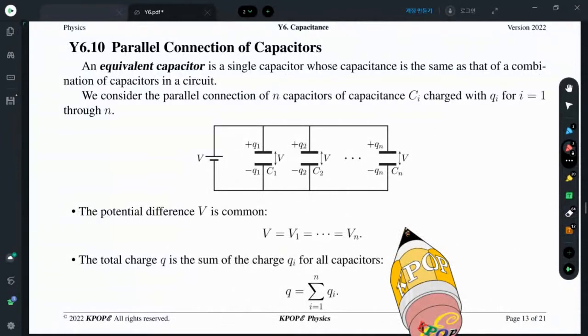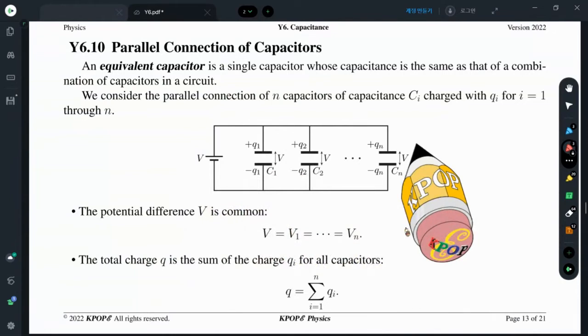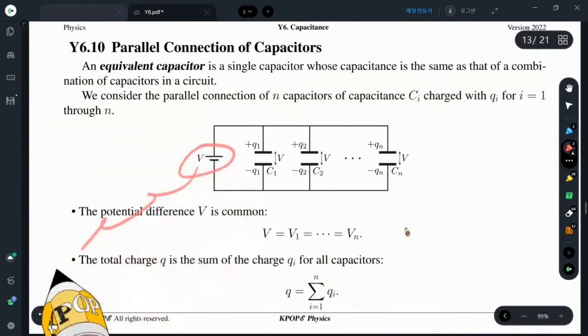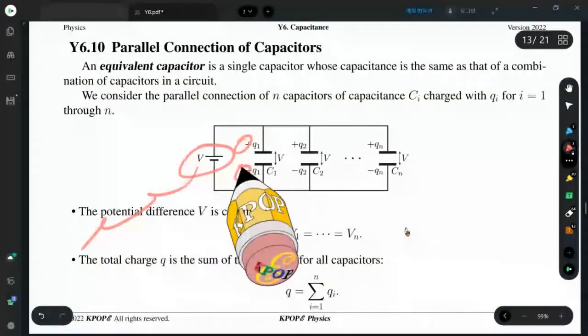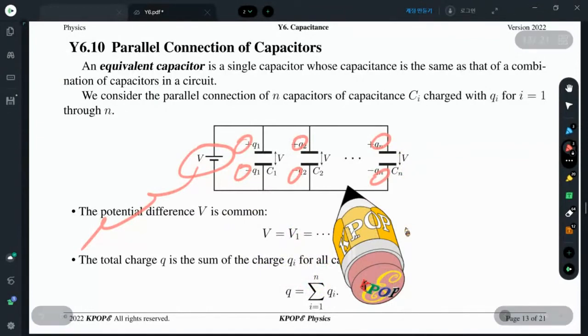Parallel connection of capacitors. If you bring many capacitors in parallel, what happens? If you remove this battery, they were completely discharged.